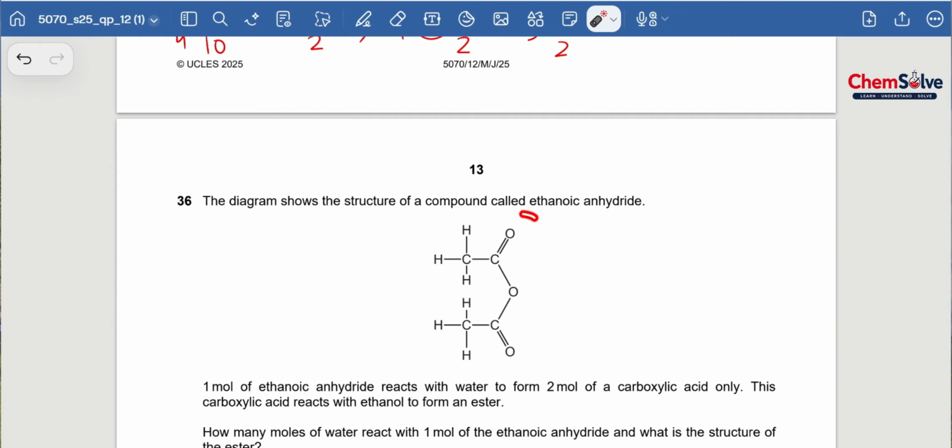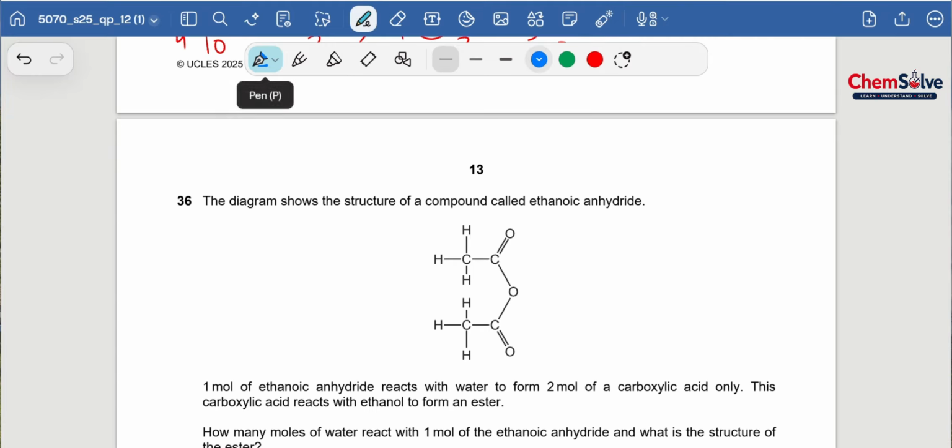This is one ester group and this is another ester group. So we have to break the bond from here. Okay, so if I break the bond from here, I have to add water in it. So let's see what would be the situation.